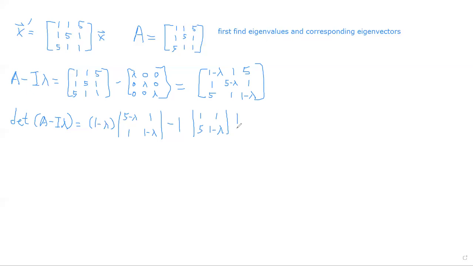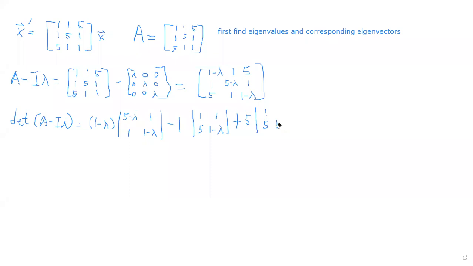Plus 5 times 1, 1, 5, 1 minus lambda. Okay, so let me see if, no, sorry, let me backtrack.